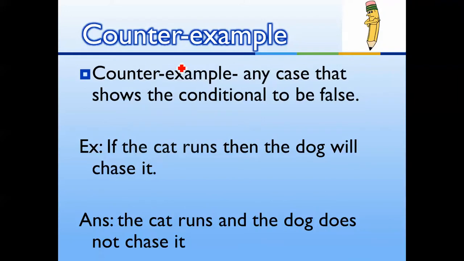A counterexample is any case that shows the conditional to be false. And that's if the cat runs, then the dog will chase it is our conditional. So when this is false is when the first part is true and the second part is false or negated. That's when a conditional statement is false. So this conditional statement is false if the cat runs and the dog does not chase it.